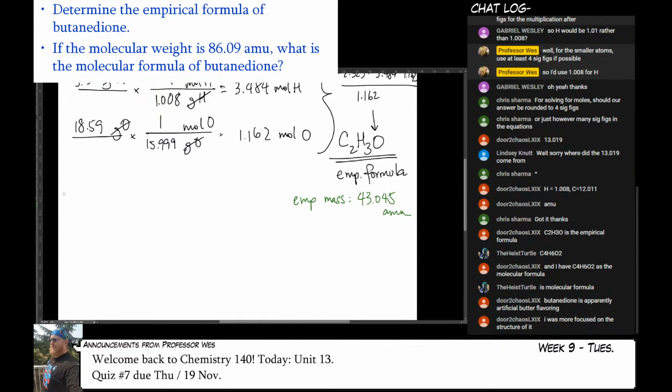So remember that to figure out the multiplier, the formula to do that is the molecular mass divided by the empirical mass. And so that would be 86.09 divided by 43.045 that we calculated. And that's got to be 2, right?